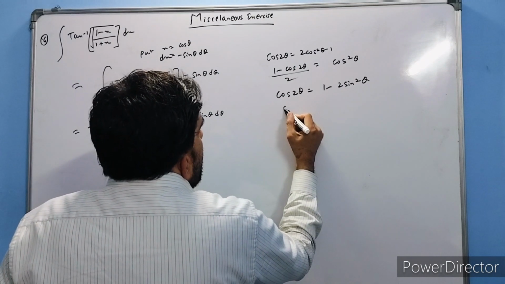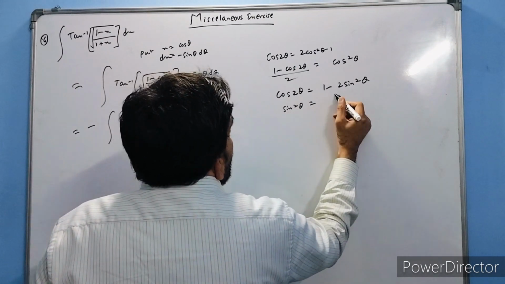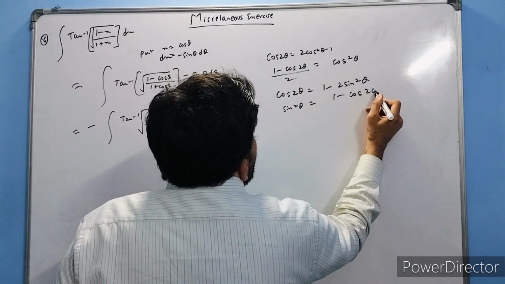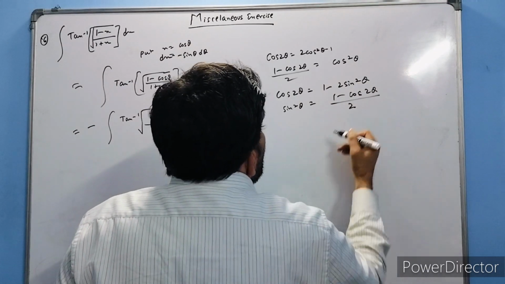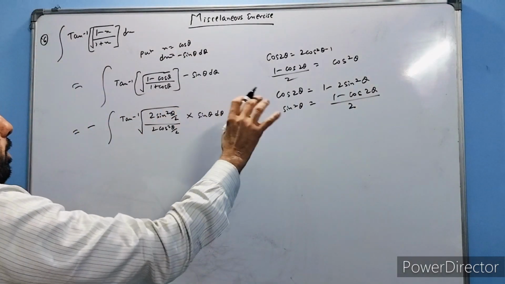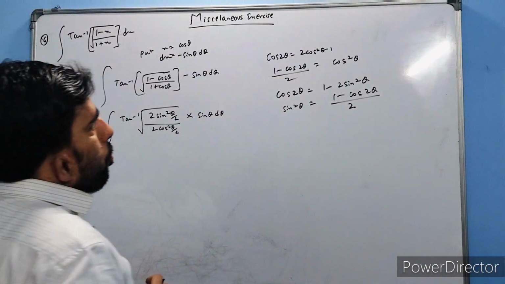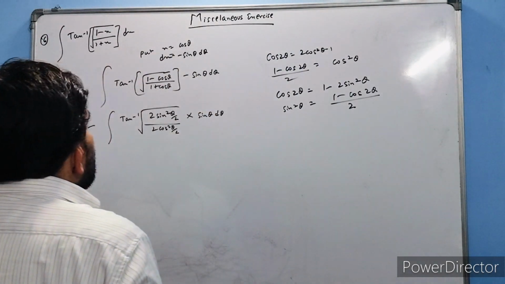So we can take sin square theta is equal to 1 minus cos 2 theta upon 2. Here I have made changes according to it, so that we will easily solve this.